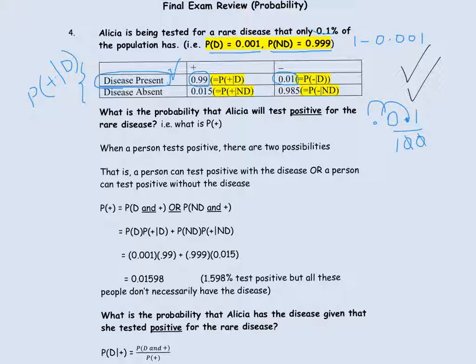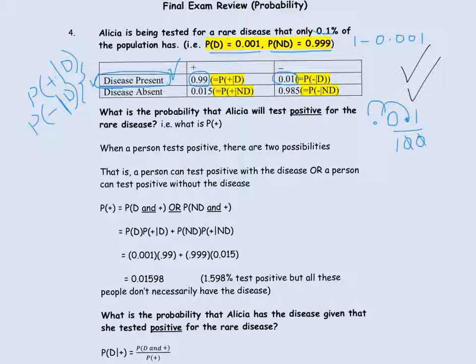The next number is 0.01. What's the probability that they will show negative, knowing that they have the disease? 0.01 is the probability that they'll show negative, but we know that they have the disease because they're coming from the first row.